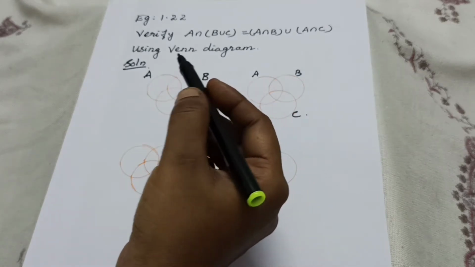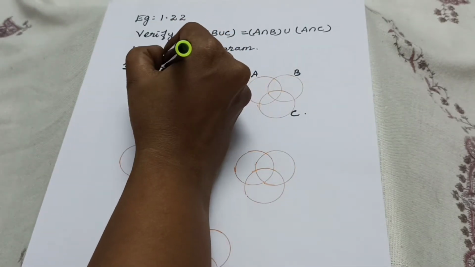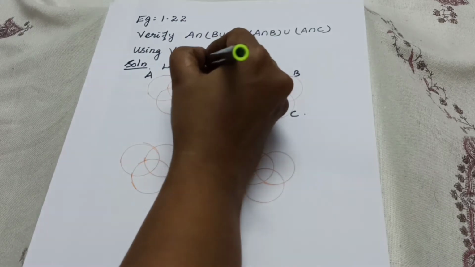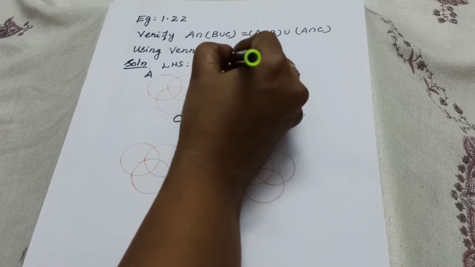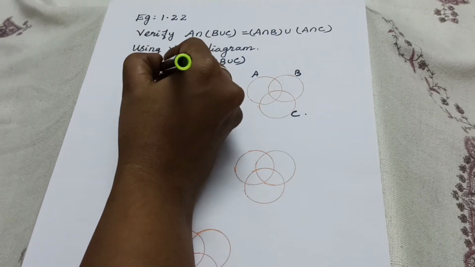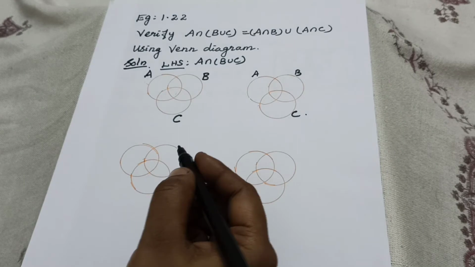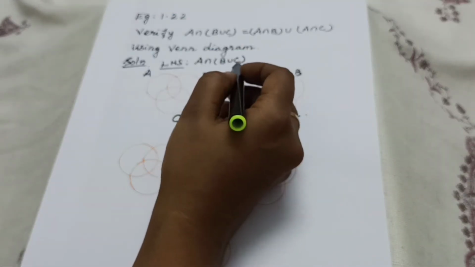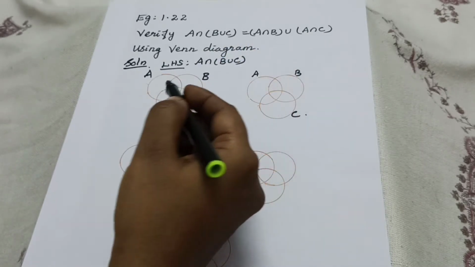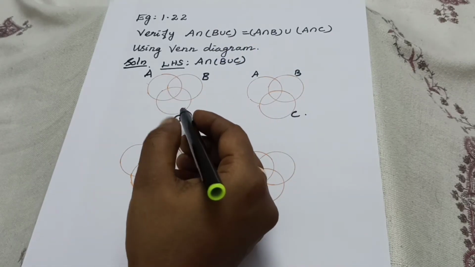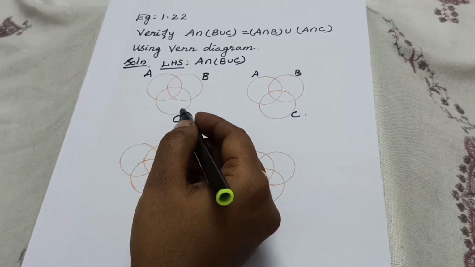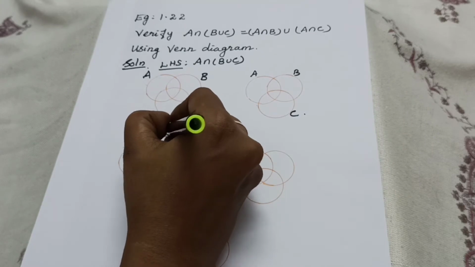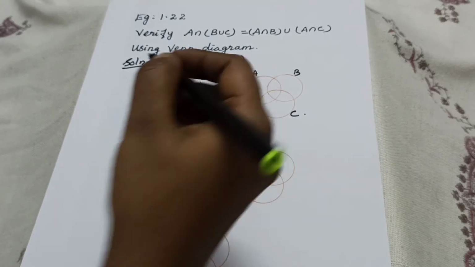First, on the left hand side, we have to take A intersection B union C. Inside the bracket, what is given? B union C. First we have to shade the B union C portion.